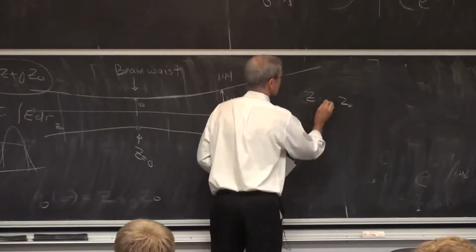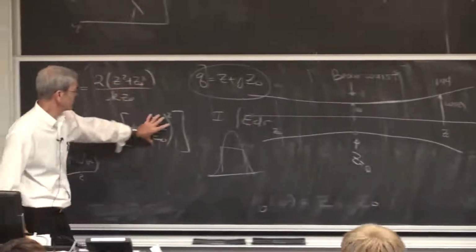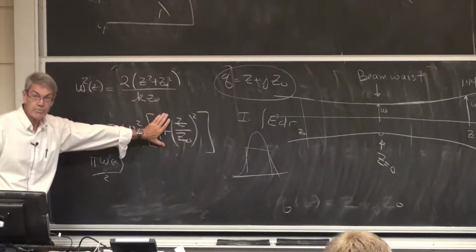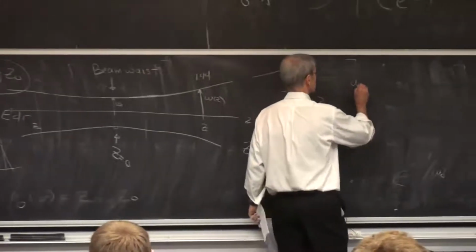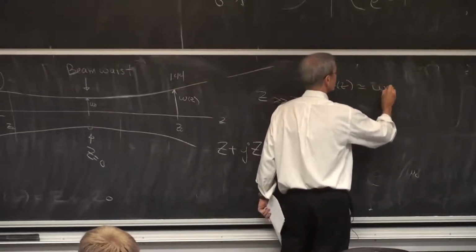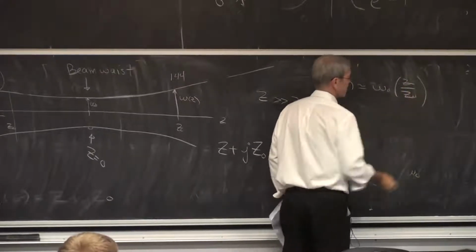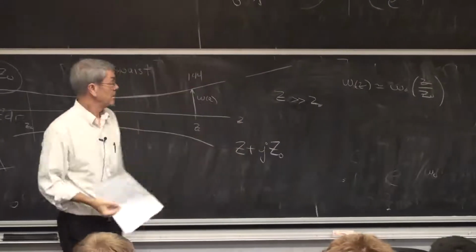Can you read that? Probably not. When z over z naught is much bigger than 1, the 1 becomes negligible. So in this case we can say that omega of z is approximately omega naught times z over z naught. It's just linearly growing, so the beam is spreading.